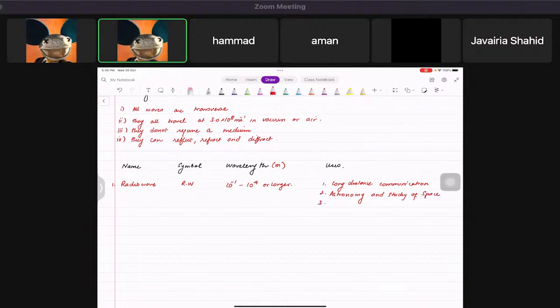And they are also used in RFIDs. RFIDs are basically radio frequency identification. They're basically objects which are tagged and tracked.